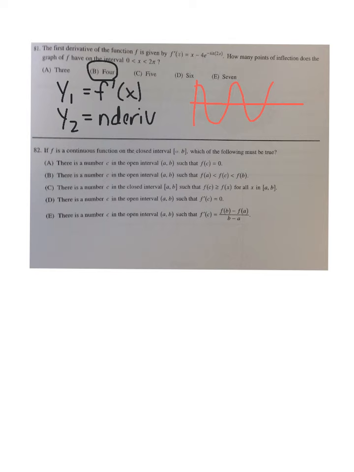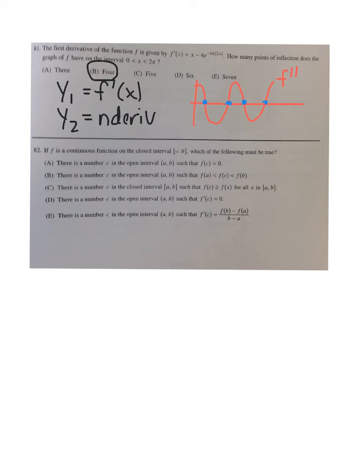Okay, now this is the second derivative picture. And they want to know how many points of inflection we're going to have. And that would be where your second derivative hits the x-axis, right? So you're going to have 1, 2, 3, 4. And there is your answer.